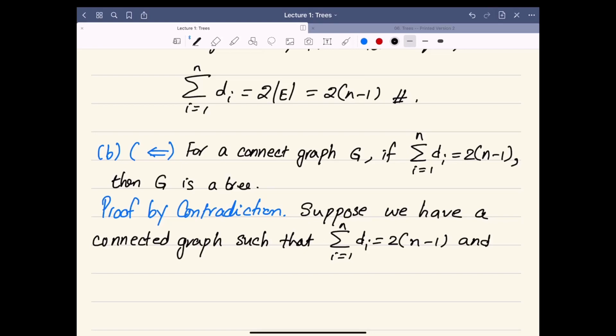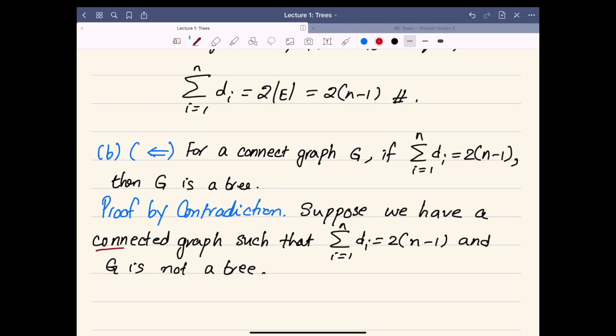The conclusion says that it is a tree, then we have to write and G is not a tree.